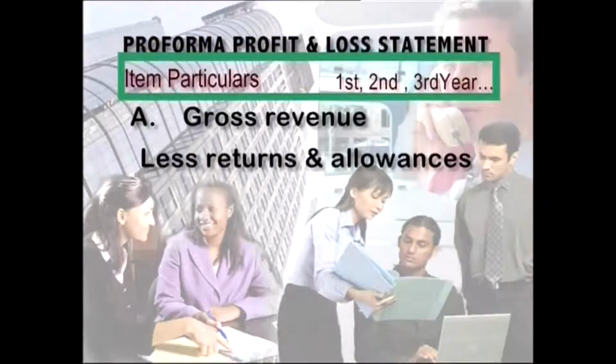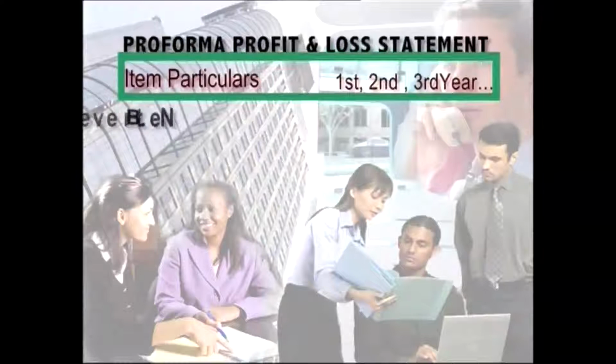And you'll also subtract the discounts which you would offer from the list prices of the goods that you are going to produce and sell. So from the gross revenues, you deduct the returns and the allowances, you deduct the discounts which you would allow, and that will take you to the net revenues.